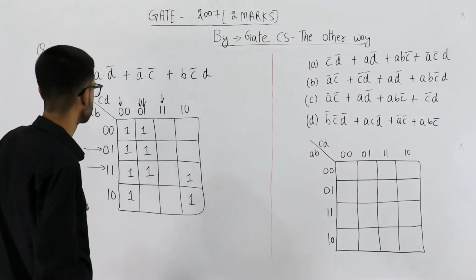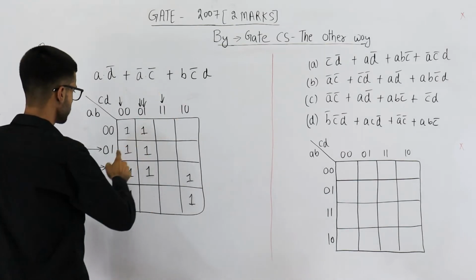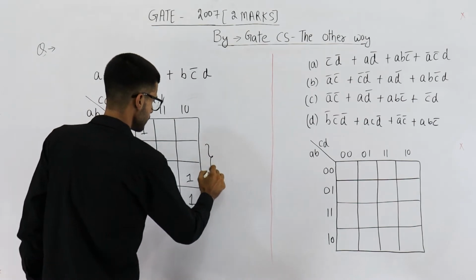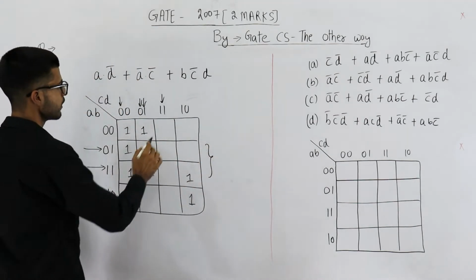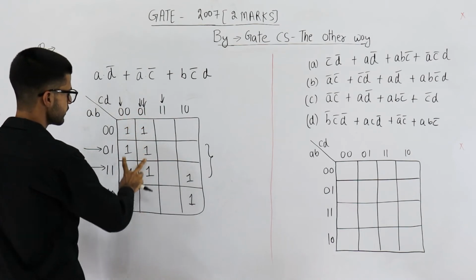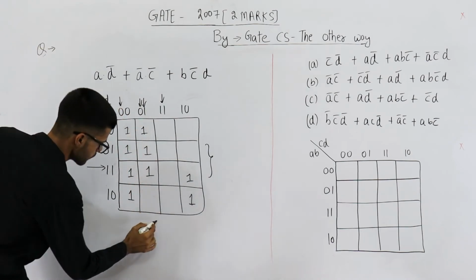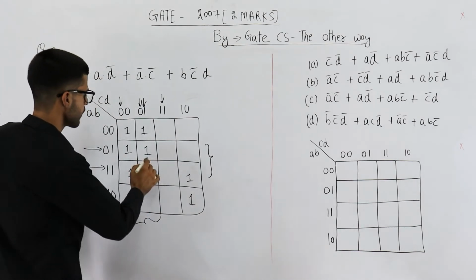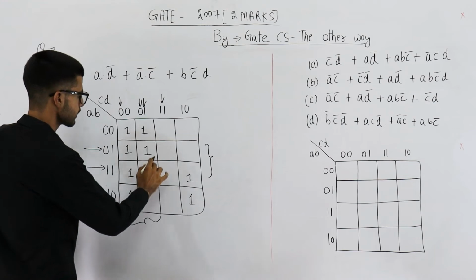Let's just analyze it once again. We have B. B is high for all of these 8 columns. Then you have C bar. Sorry, C is low for all of these 8. Now you can see you have these 4 cells in common.